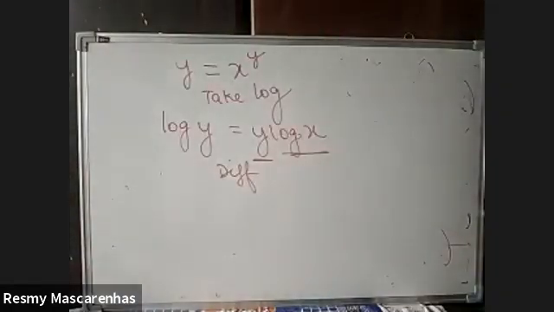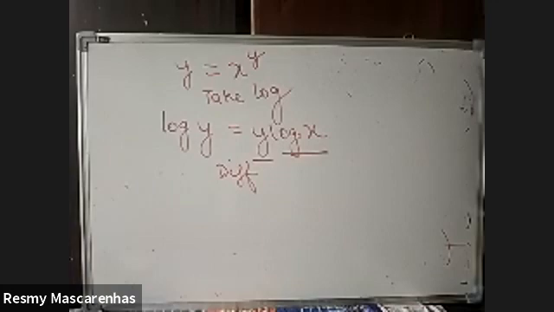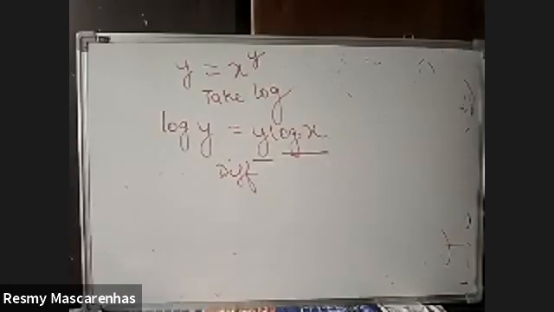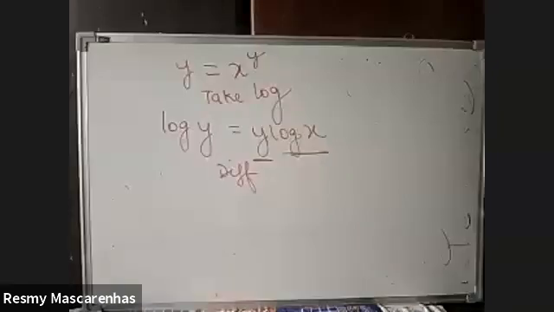By now at least you all should know what the derivative of log y is. It's always 1 by y dy by dx. And one good thing about this is you know what the answer should be, so you will know whether you have got it correct or not.